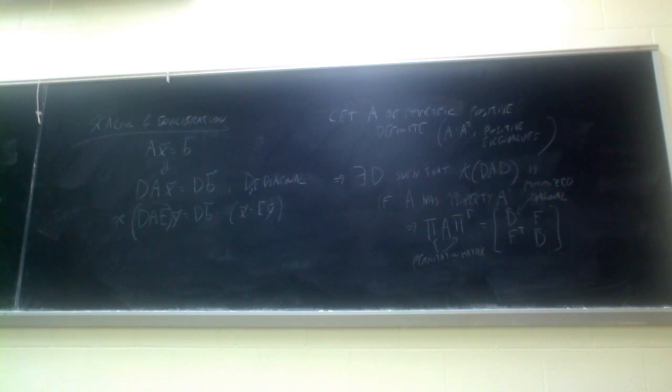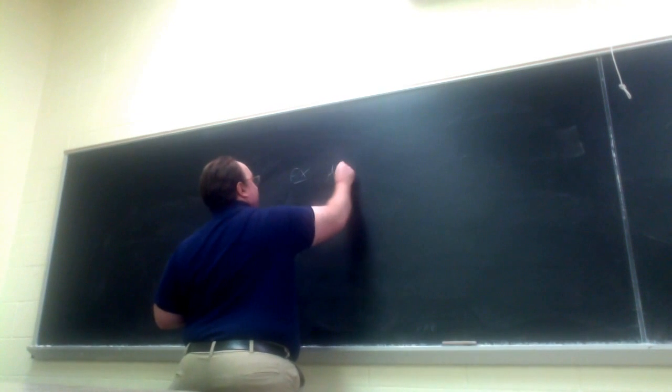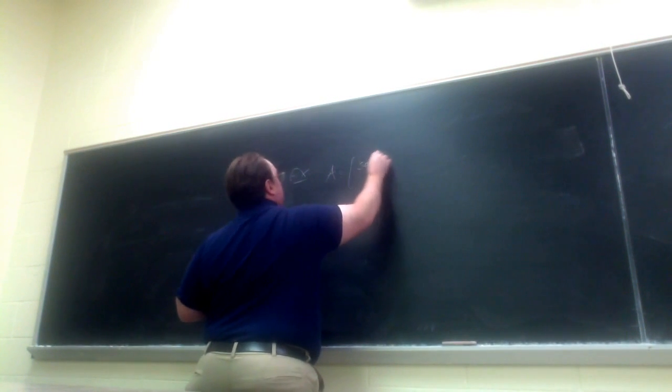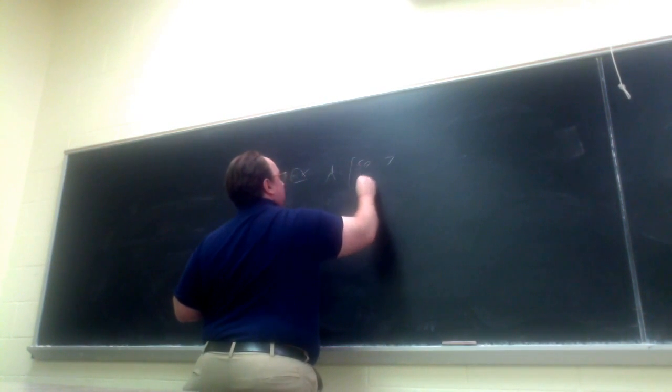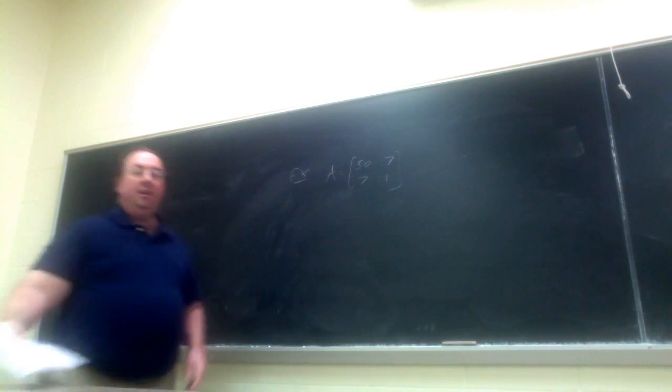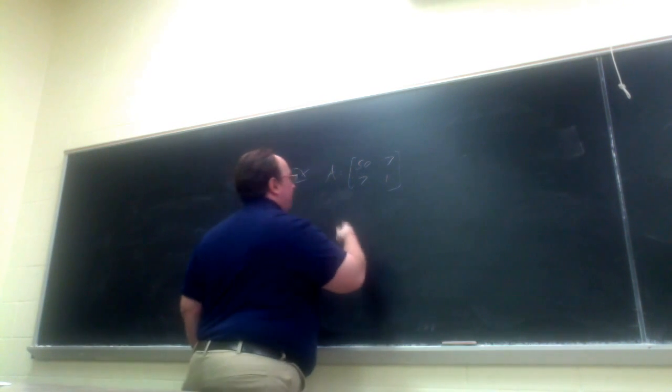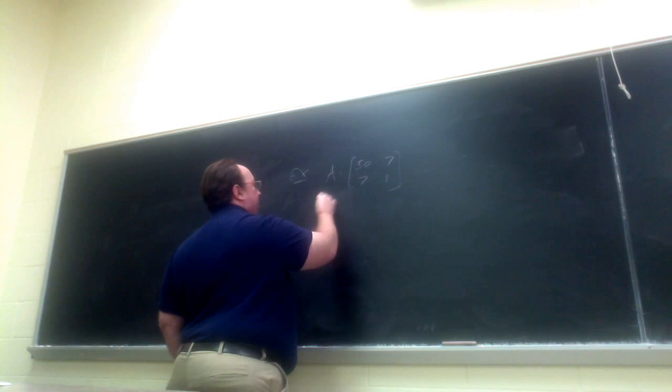Now, I'm going to give a simple example of what can be gained from something as simple as a diagonal scaling. So a matrix in the 2 by 2 case. This is a symmetric positive definite matrix.